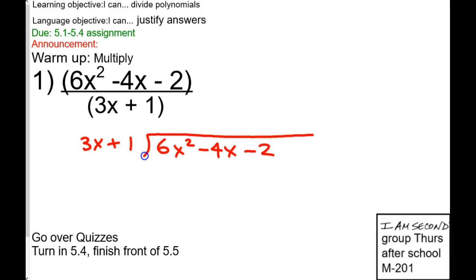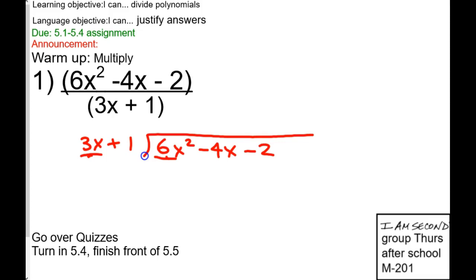Okay, next step. Who remembers what we do next? This is division, so we are going to divide the first term on the inside by the first term on the outside. Is everyone hearing me say that? So what is 6x squared divided by 3x? 6 divided by 3 is 2.